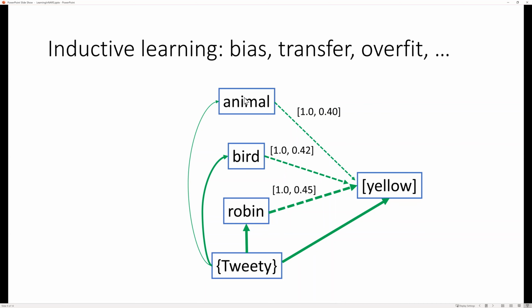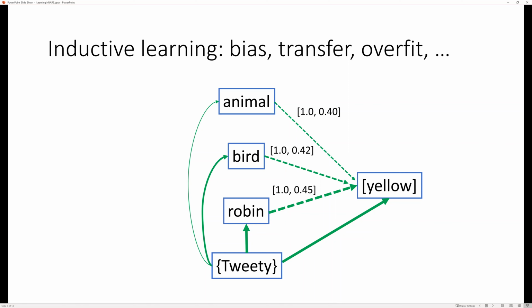And finally, you're going to transfer it to all animals. So by nature it will be transferred to other things, but a different level of generalization will transfer the result to different places.